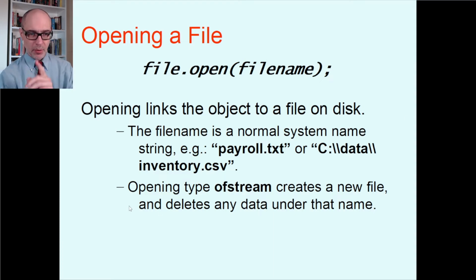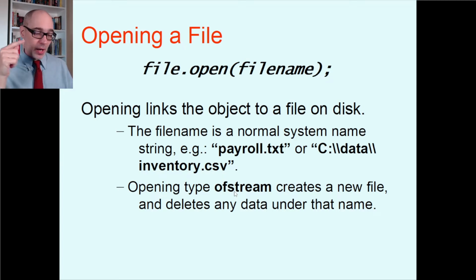Now, a little detail here, right? You have 2 separate types of file stream objects. So you've got the ifstream, where you're opening it in preparation to have a stream of bytes coming into your program. That's one thing. But then the ofstream is intended for a stream of bytes to go out to the hard drive. So be a little bit careful, because whatever file name you just opened, ofstream actually creates a new file on the hard drive, creates a new one under that name that you just gave it.